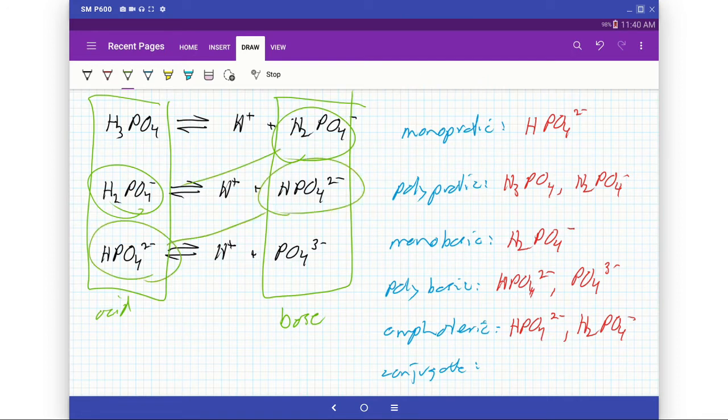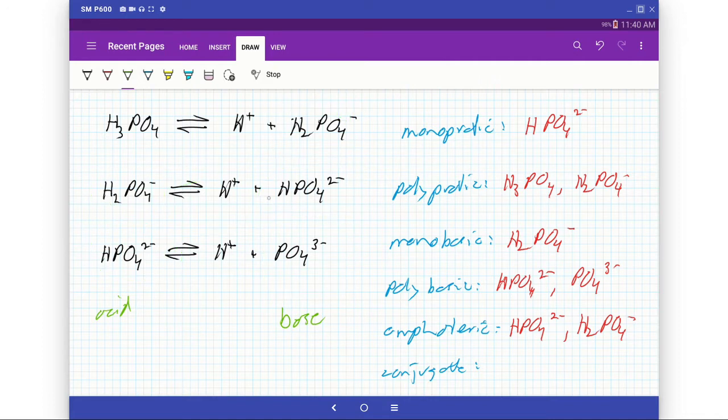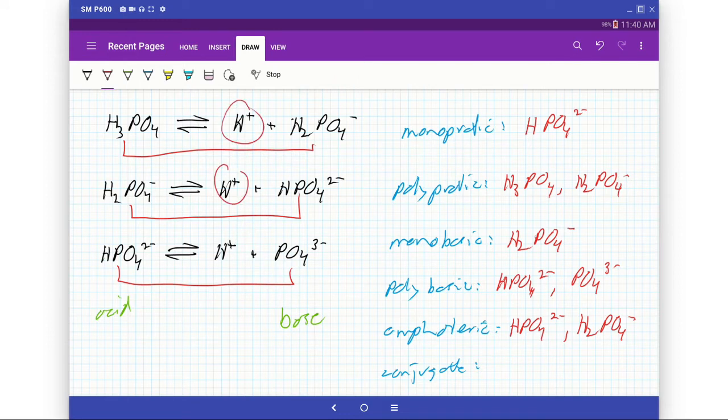It can act as an acid or a base. In terms of conjugate, remember the definition of conjugate is things that differentiate through the exchange of a proton. Well, the reactions, exactly how they are written, show that these entities are conjugates of each other because they differ through the exchange of a proton. And so there are all the conjugate entities presented there.